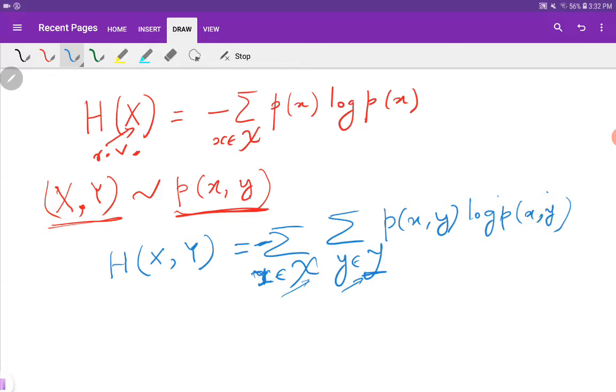It is a similar definition to entropy. We just have two variables, and it is also the negative of the expectation of log p of x comma y.